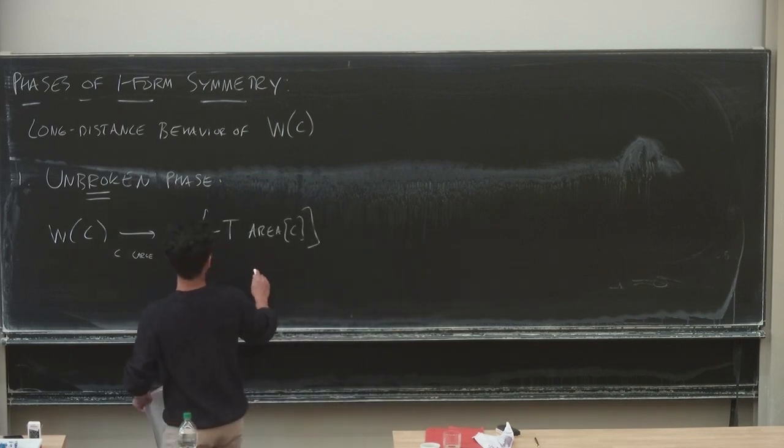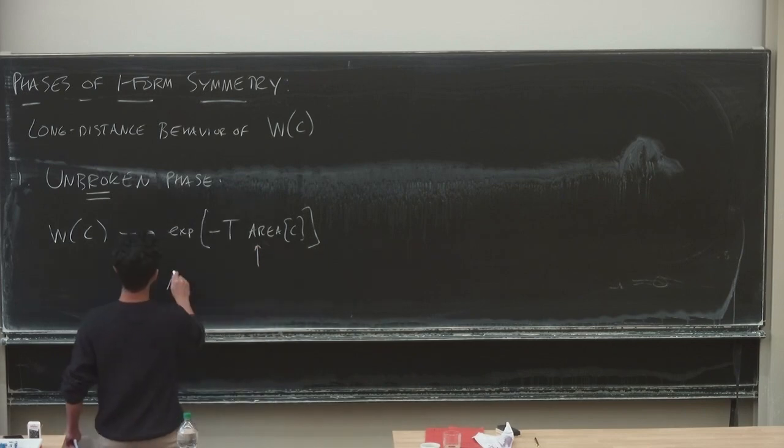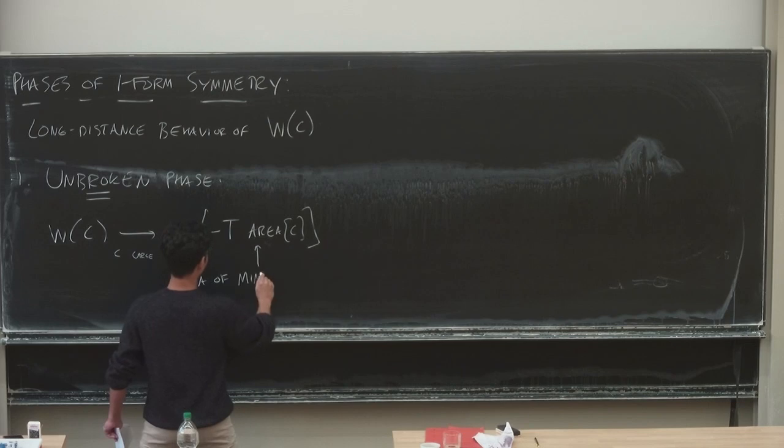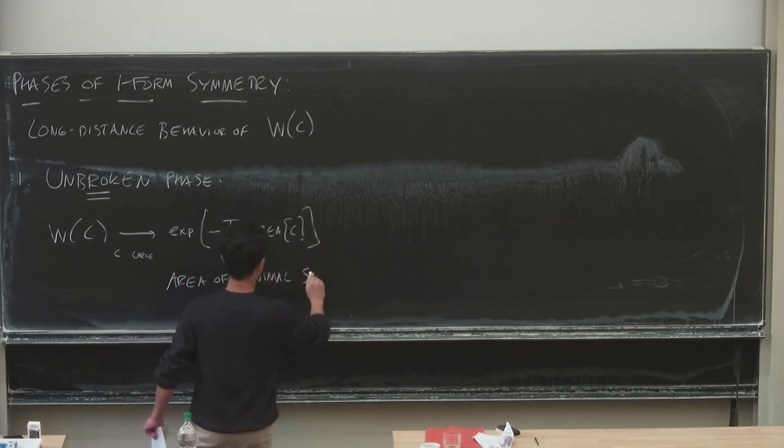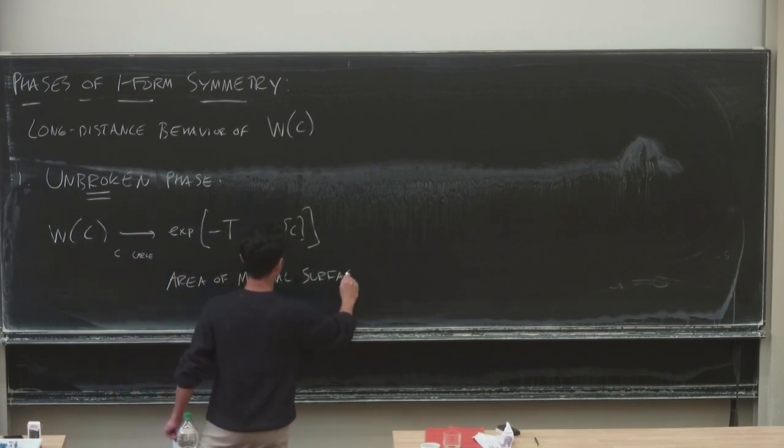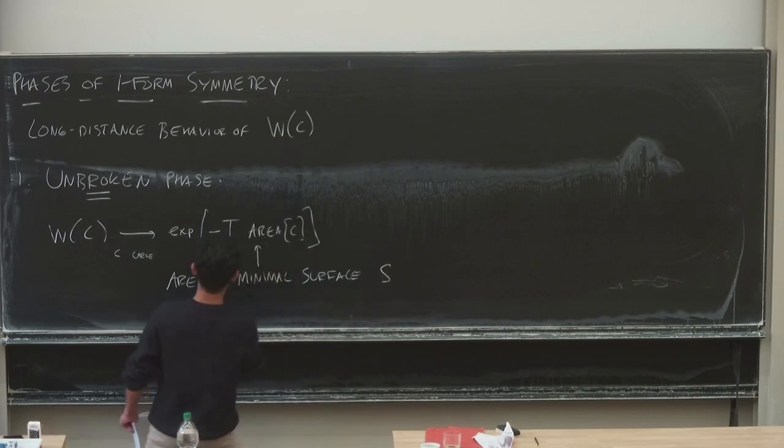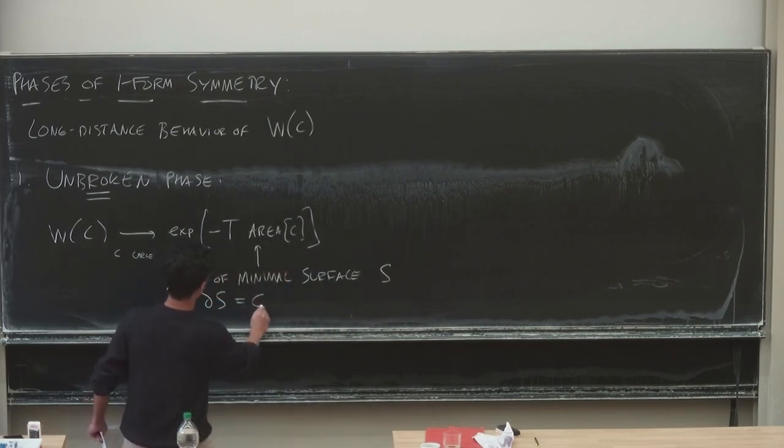So this area of C, to be more clear, is the area of the minimal surface S such that the boundary of S is C.